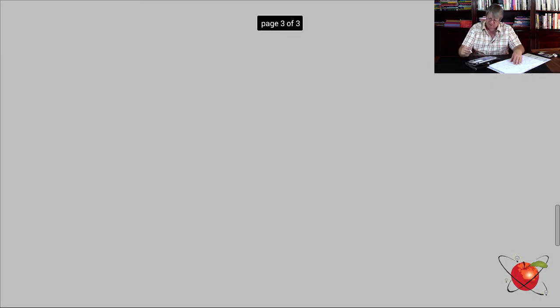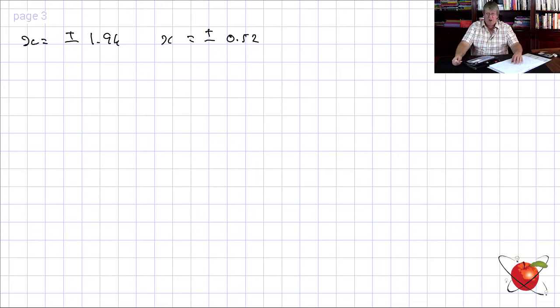What am I going to do next? Create a new page. Now I've got, therefore, x is going to be plus or minus 1.94, or x is going to be plus or minus 0.52. Okay. We have got 4 x's.